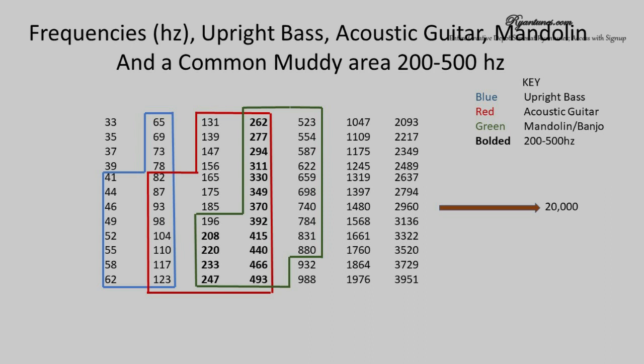So when you have a bass, let's say in a song, plus maybe 3 instruments, chances are pretty good that there's going to be some frequencies where they fight or duplicate. And famously, the area from 200 to 500 hertz, shown here in bold, is an area where a lot of instruments often are competing in acoustic music.